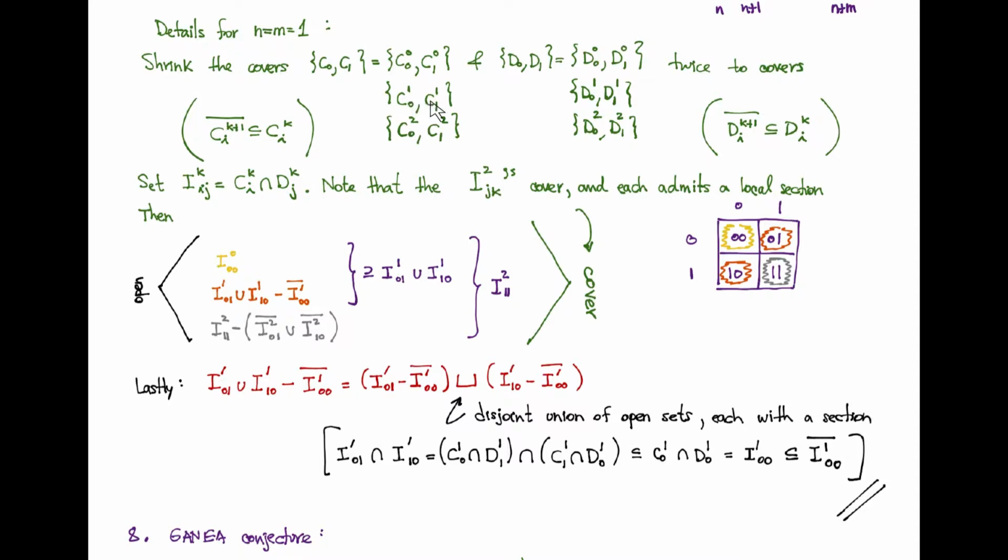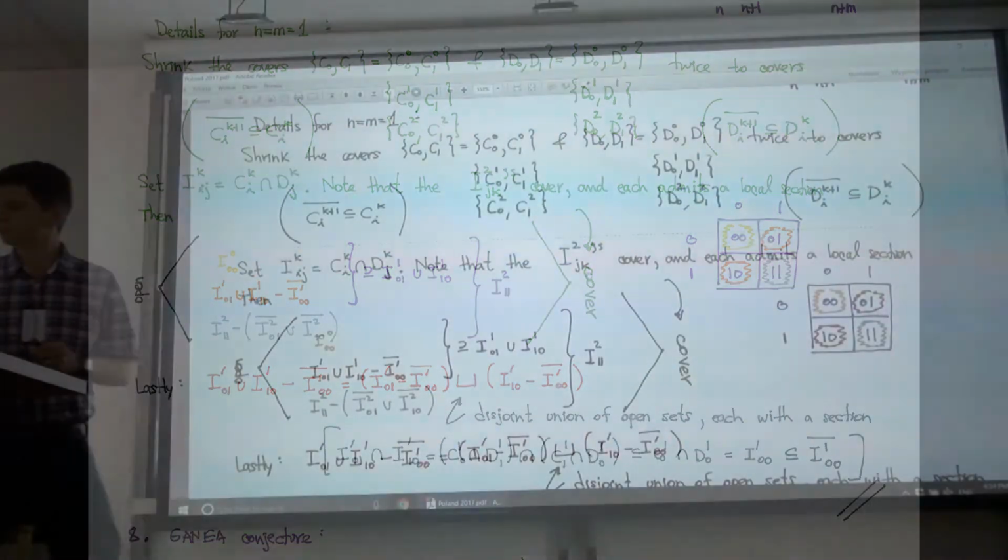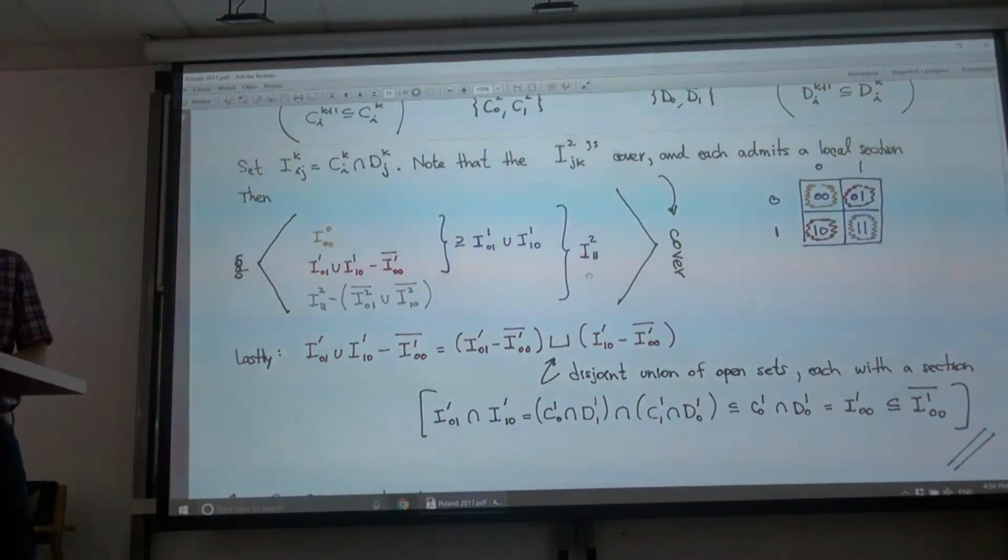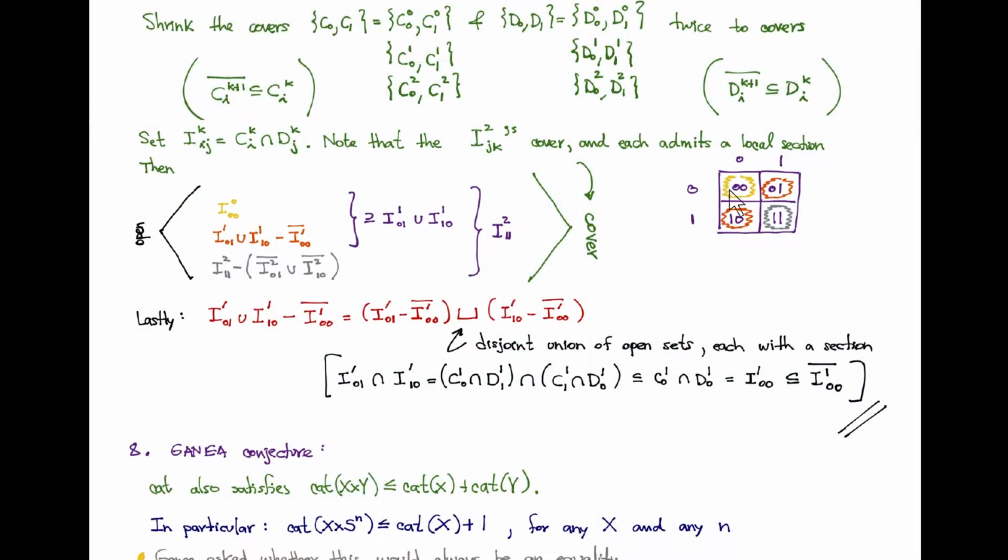And then again do the same thing, shrink this covering a little bit more so that these conditions hold, and the same over here. Now, look at this situation. Here I have the C0, C1, D0, D1, and I want to take these two as part of one thing, these two as part of the other thing, and this and the other one. So the idea is essentially to mix these two. And I'm going to be doing this here.